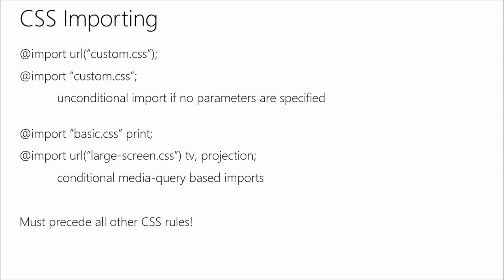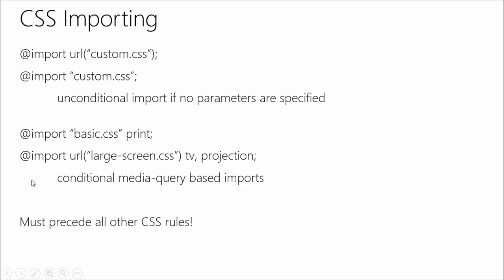That's the only place they can go, so they have to precede all other elements. You can import them in a couple ways, using the url function, or just the straight string for their location. These would be unconditional imports because there are no parameters specified.